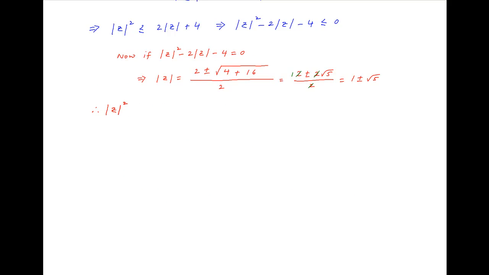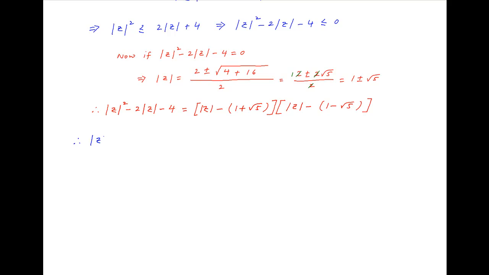Therefore, the expression absolute value of z square minus 2 times absolute value of z minus 4 factorizes into absolute value of z minus, in brackets, 1 plus root 5, multiplied by absolute value of z minus, in brackets, 1 minus root 5.